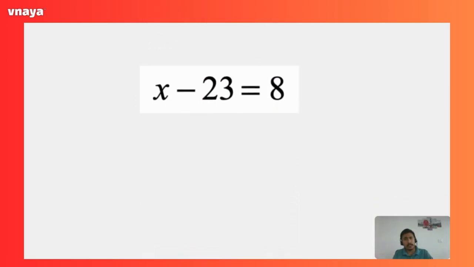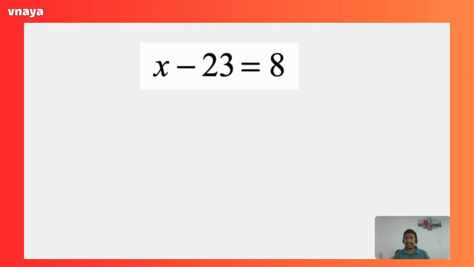One more scenario. This time you had some candies and you distributed them among your friends, and now you will learn how many candies you started with. In this case, 23 is getting subtracted. What is the opposite of subtraction? That is addition, right?